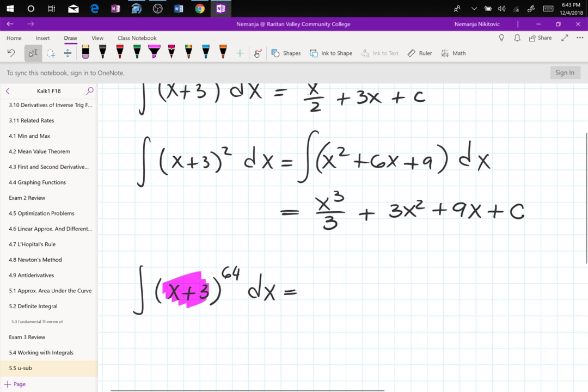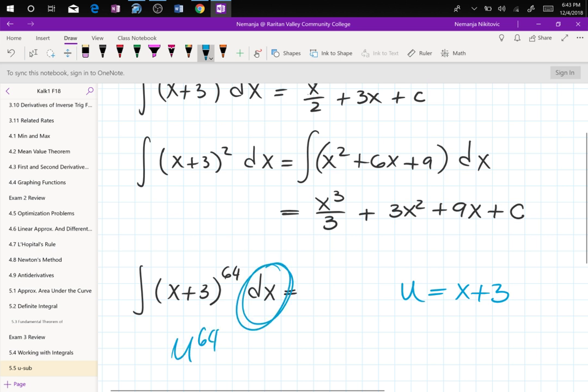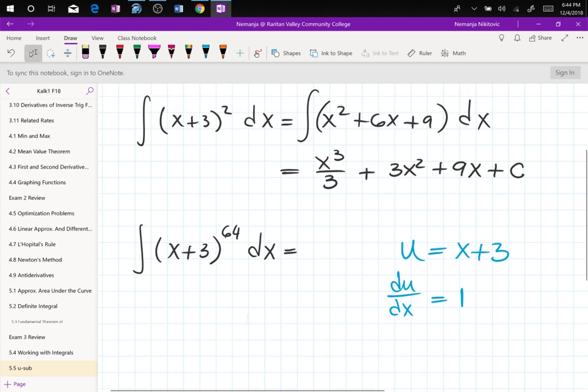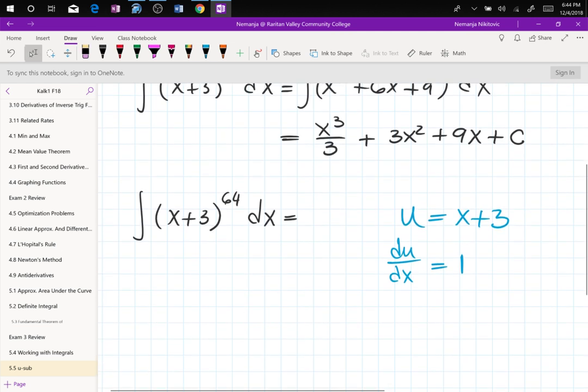So you know what? Let me actually do that. I'm going to replace x plus 3 with u, variable u. And I realize that, yeah, it's going to become u to the 64, but this is still in terms of x. I need to transform that as well. So we are going to differentiate this. And we'll just get 1.